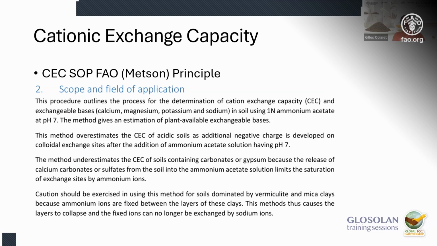There were different kinds of versions, with making solution percolating through the soils, or the one which is mixing and shaking, and the one in the SOP here is by mixing and shaking.